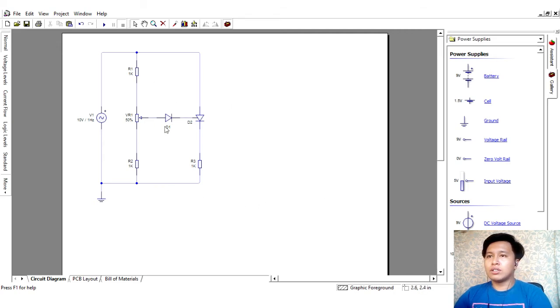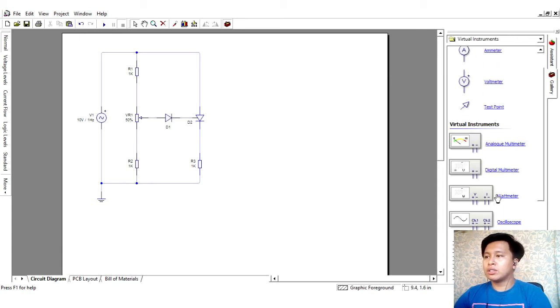To test the circuit and to see the graph of the firing angle, we need the test equipment with the virtual instruments, and we put in the oscilloscope.